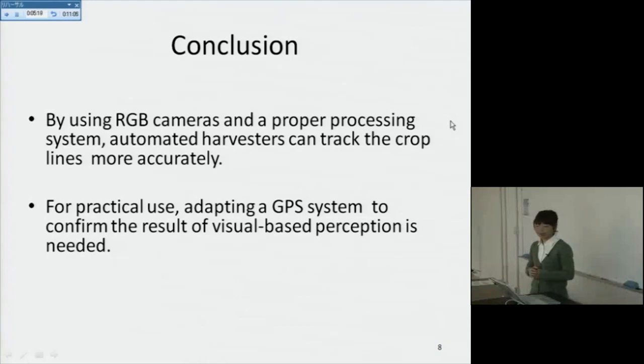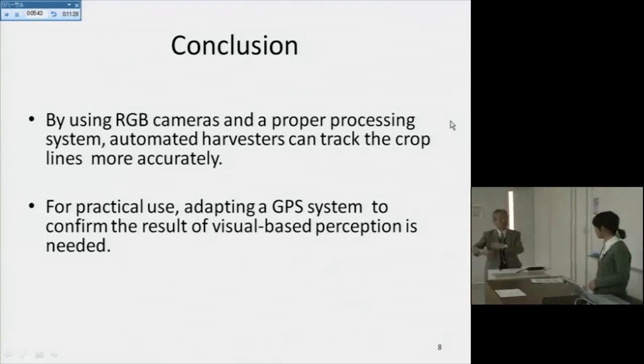But if there is still a color difference between the crop area and the non-crop area, I think it can find the edge again. Okay, no crop. After all harvest, what happened? Sorry, I have no idea. I don't know. That's a good answer.